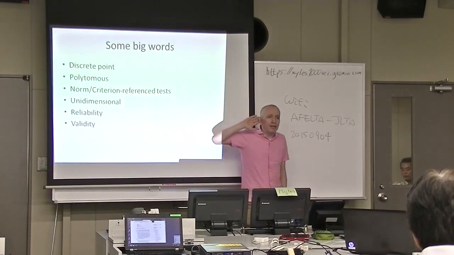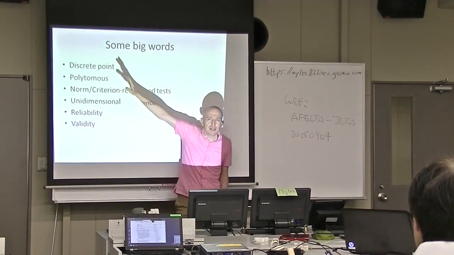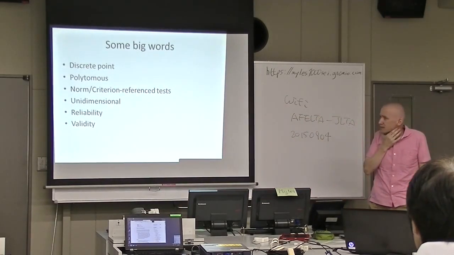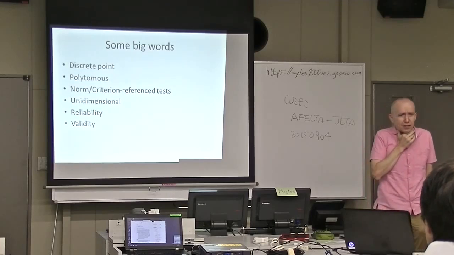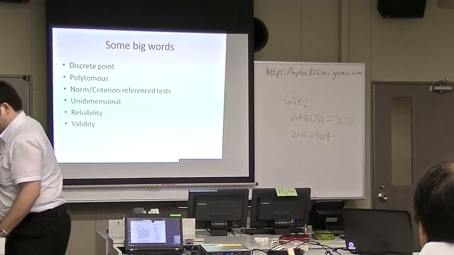I seem to be hearing that there's a few issues with these top words here. Discrete point and polytomous, which are kind of opposites. Let's see. Takaki, do you have any idea what discrete point is?